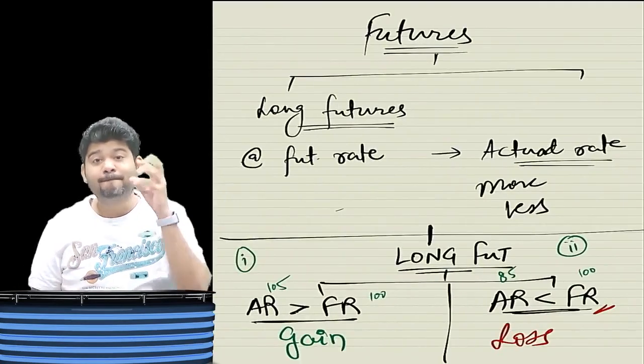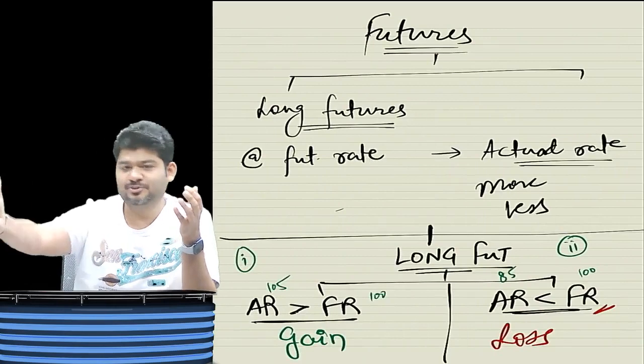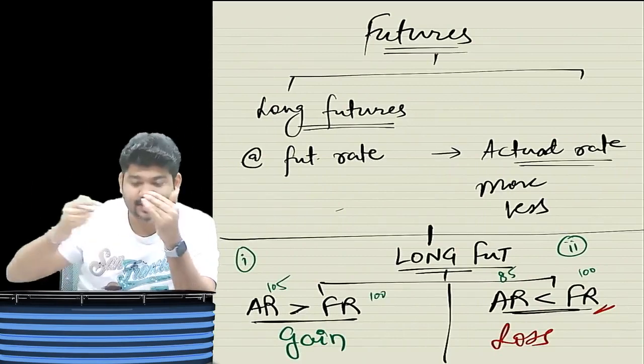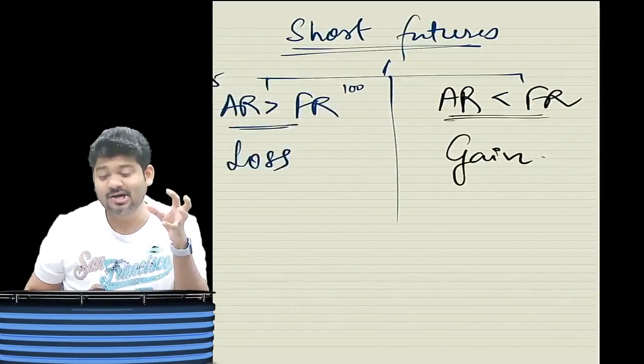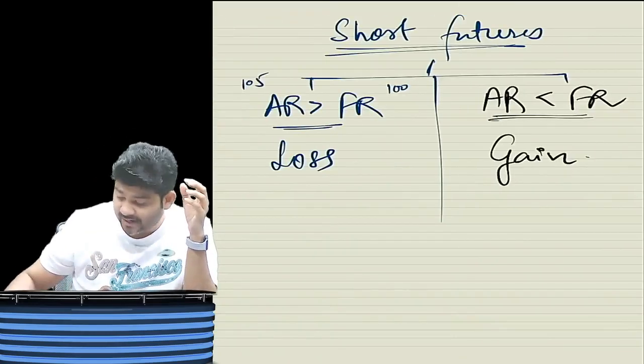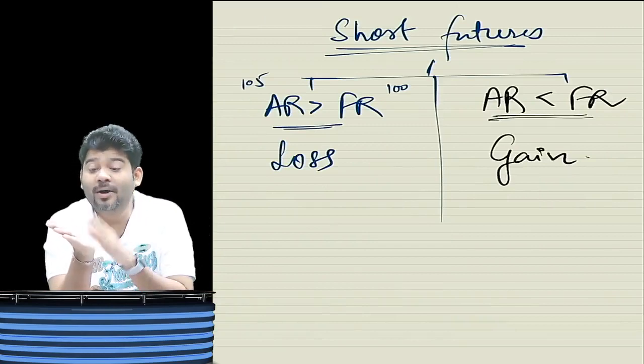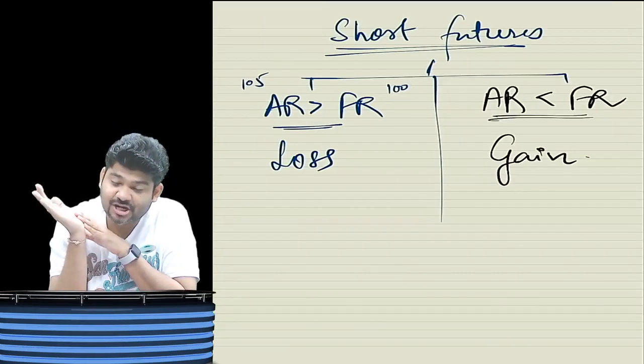Correct. You had gone to a bank. You would have gone to HSBC Bank or HDFC or ICICI. So there is a personal connection. This is called an over-the-counter transaction. So forwards is an over-the-counter transaction.